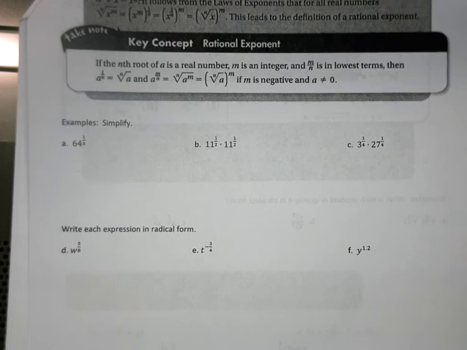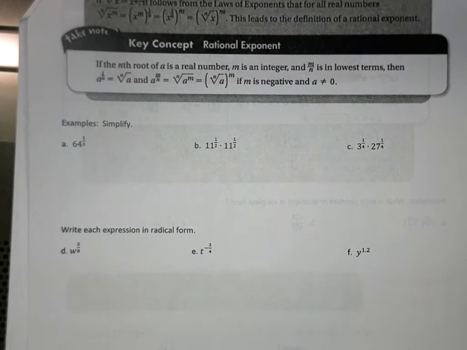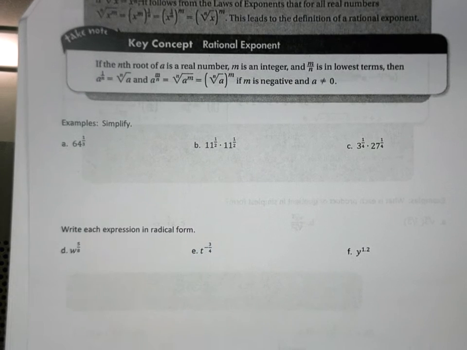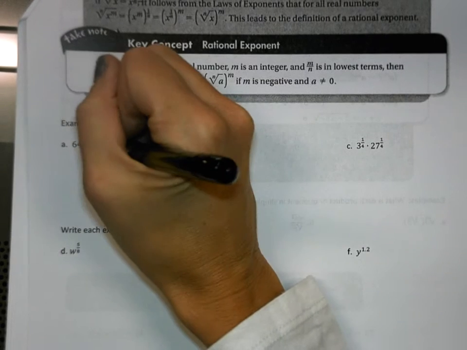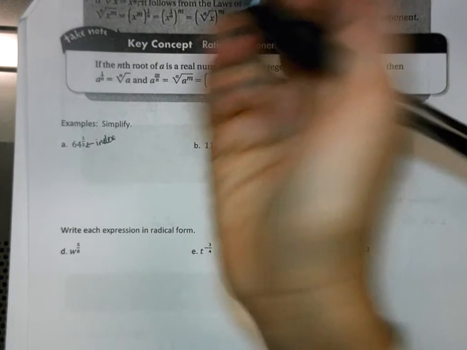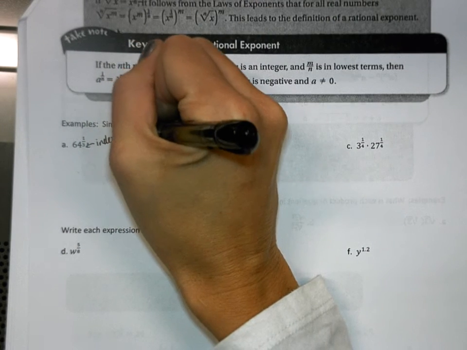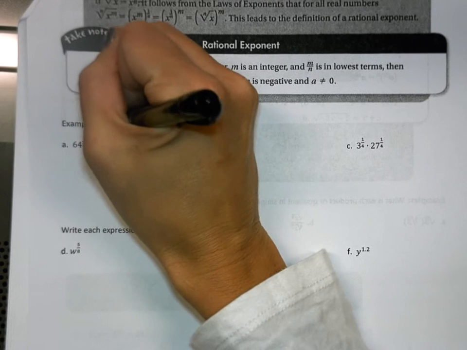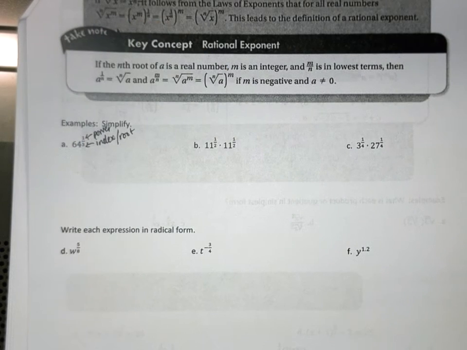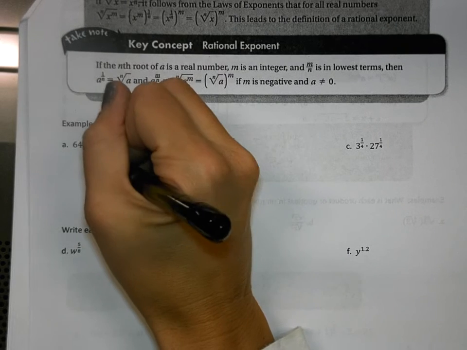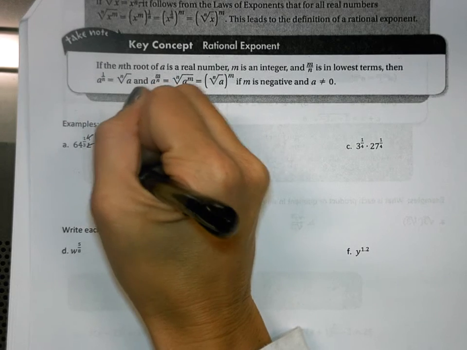So here we go. Example A. We're going to switch this from exponent form into radical form. Again, this bottom number is always your index or root. We can call that a root either way. And then the 1, that would be your power for that number. So when I rewrite this, it's going to be the cubed root of 64.